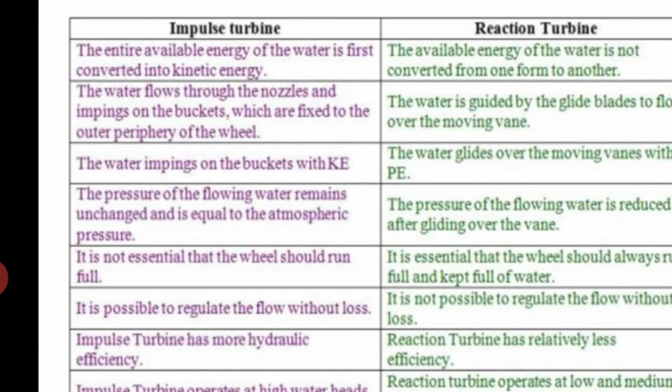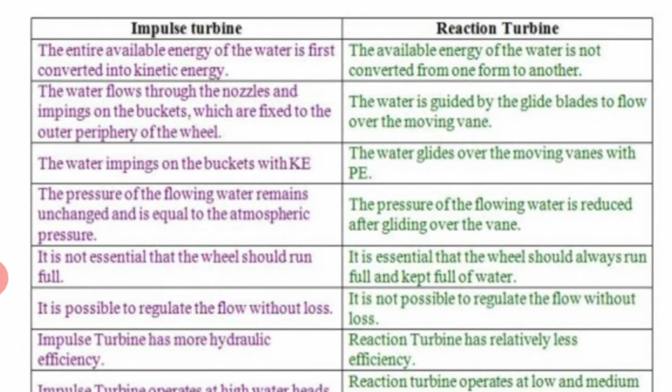The second difference is that the water flows through the nozzle and impinges on the buckets which are fixed to the outer periphery of the wheel. That is in case of the Pelton wheel. Whereas in a reaction turbine, the water is guided by the guide blades to flow over the moving vane. And the third difference is that water impinges on the buckets with kinetic energy.